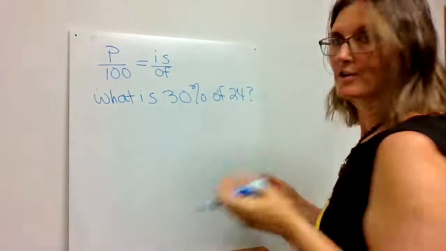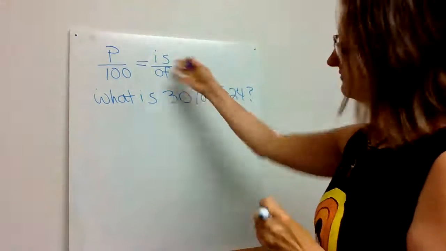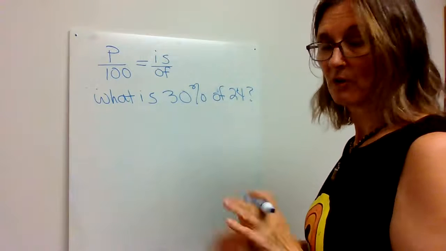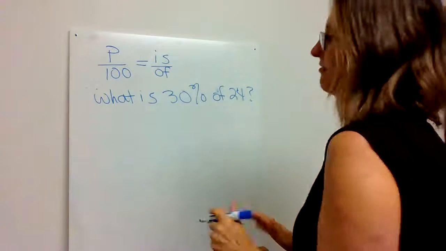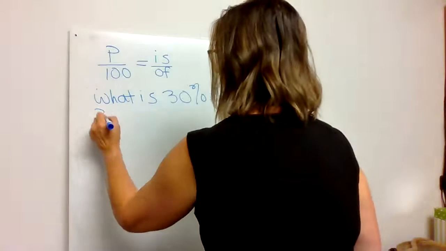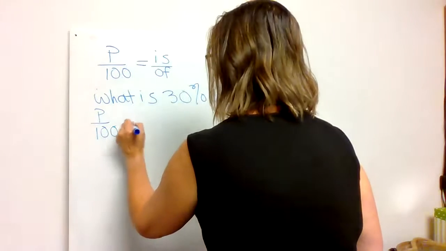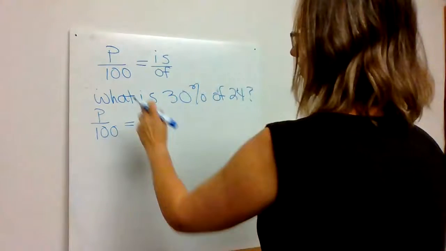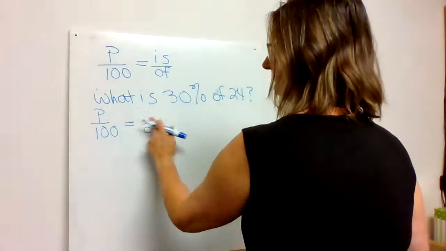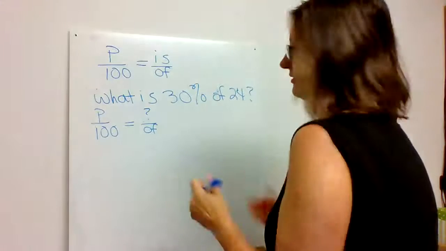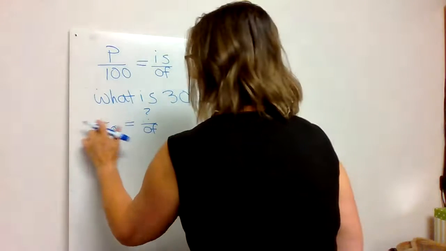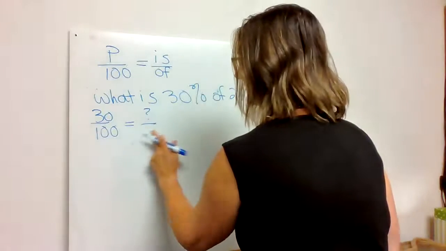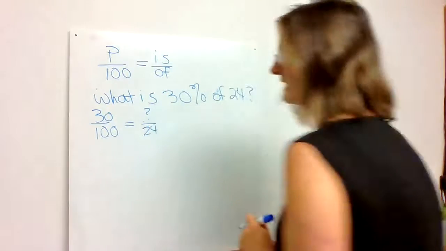I'm really just going to show you how to fill in this equation again, and then you can do a whole bunch of different things, however it suits you the best to do your math. So I'm going to write it out, P over 100 is over of, just really get used to doing that. What is, question mark, we don't know, 30%, sure, I'll put my 30% in there, of 24. Put my 24 in there.